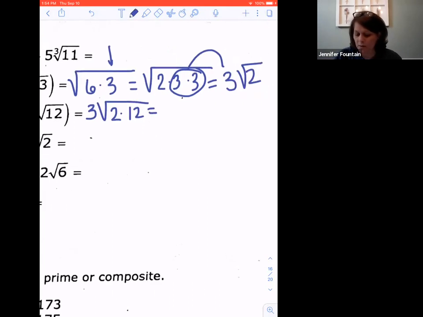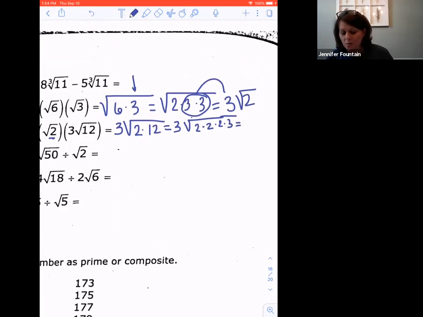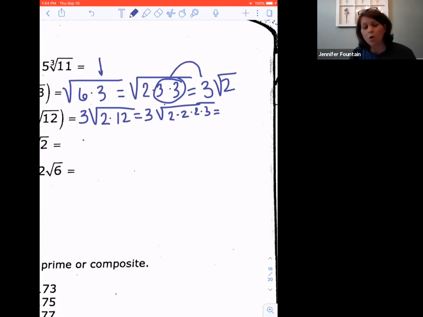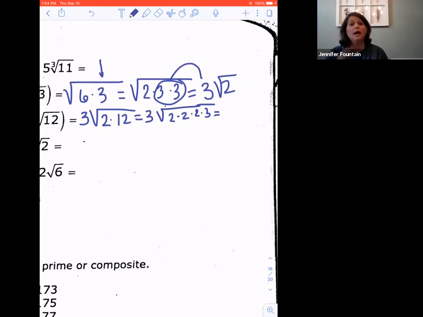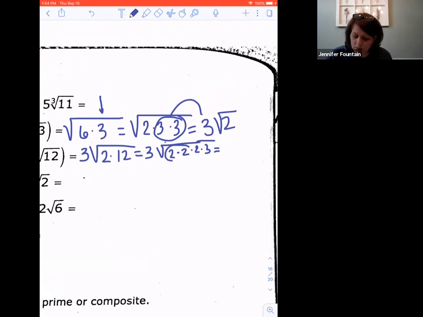Okay, so I've got my whole number 3. I've got that 2, but now I need to break down 12. 12 will be 2 times 6, and 6 will be 2 times 3. Okay, so now how many buddies do I need for a whole number to come out? I need 2 buddies. So I'm going to circle 2 2s. That's all that's going to be able to come out because I have a 2 and a 3 left.